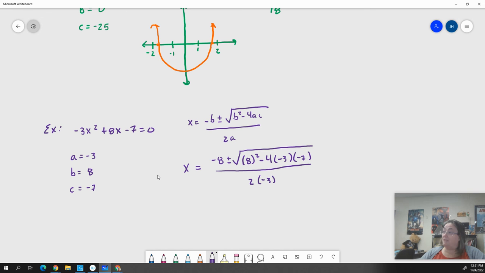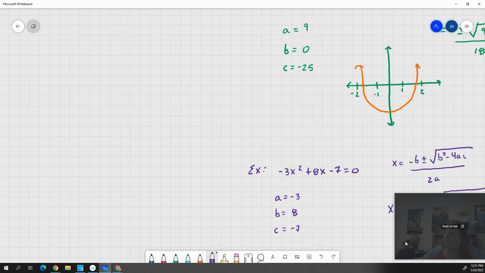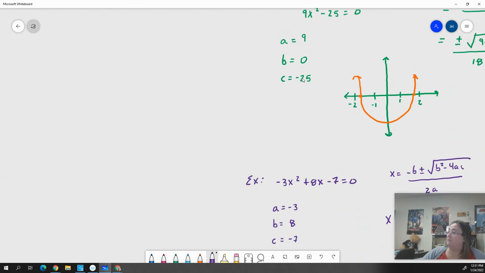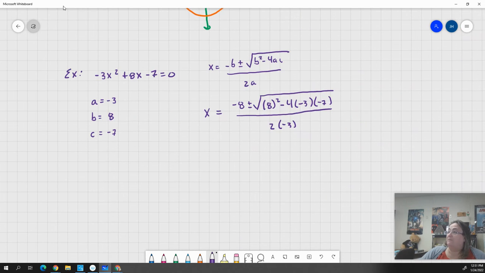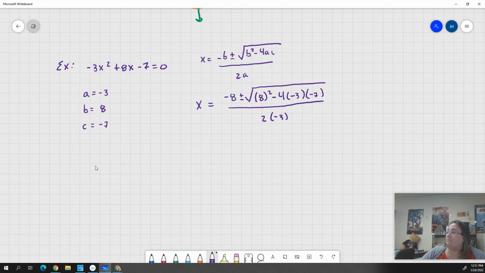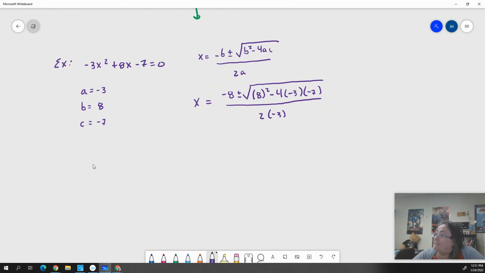So all we're doing is plugging the numbers in. Where we have a, b, and c, we're plugging in whatever our a, b, and c is. And now we're just going to go ahead and simplify. We have our -8 plus or minus, and we're going to work on the square root. Well, 8 squared is 8 times 8, which is 64.